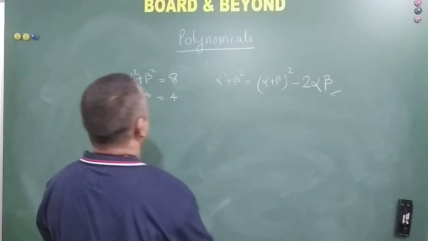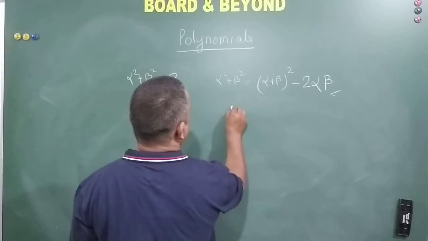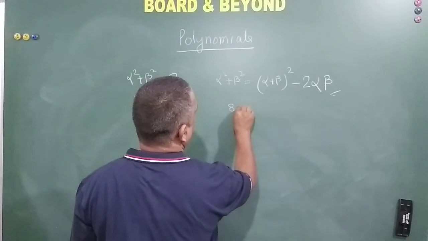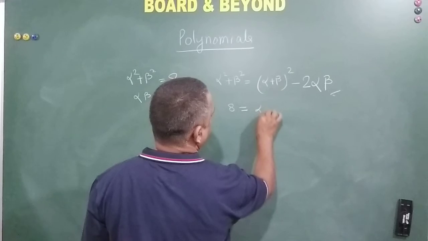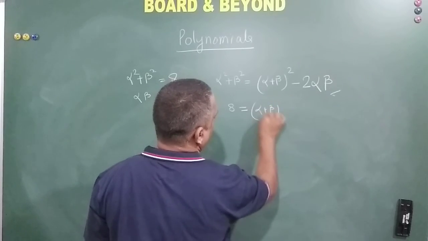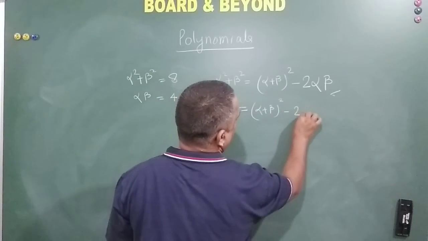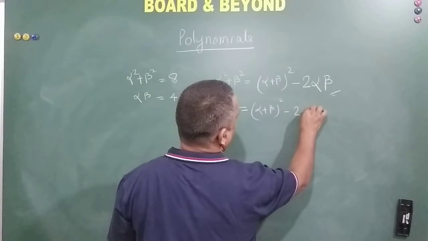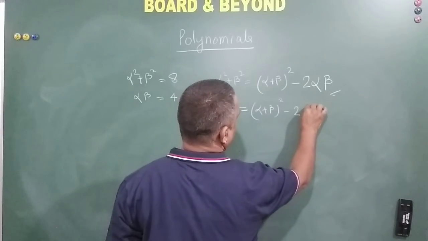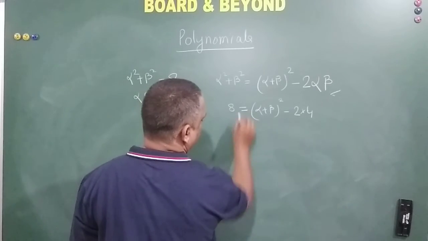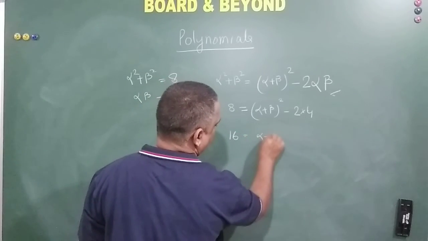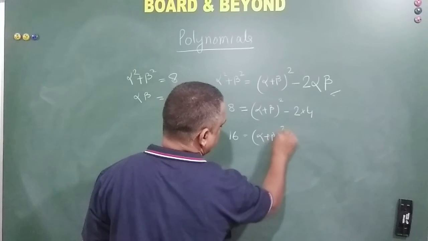No problem. So 16 is equal to alpha plus beta whole square minus 2 into 4, since alpha beta is equal to 4. So we add 8 here, and 16 plus 8 is 24, hence alpha plus beta whole square.